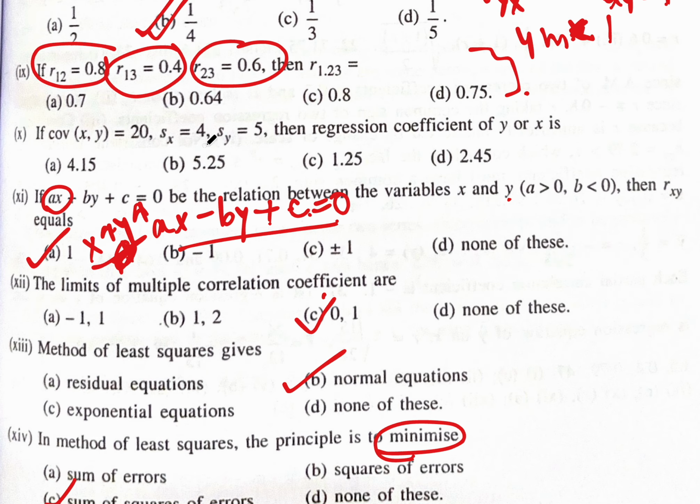Covariance of x and y is 20. This is this regression coefficient. 20 by, y on x over, I think. Y on x, 20 by 16. 1.25, is it? Wait, let me check.